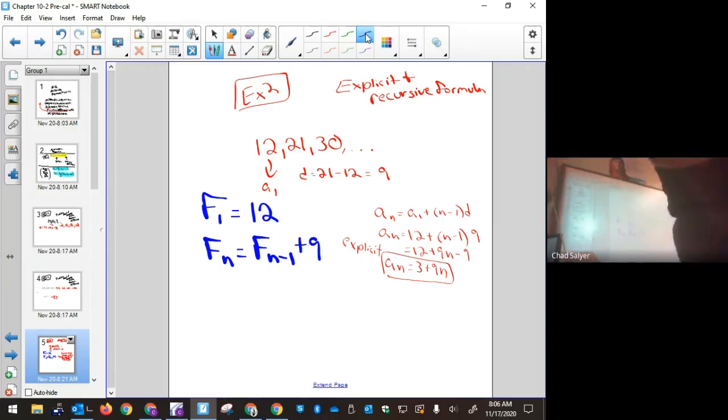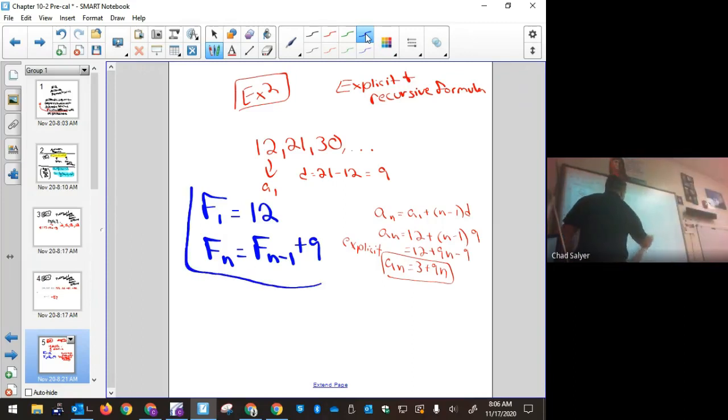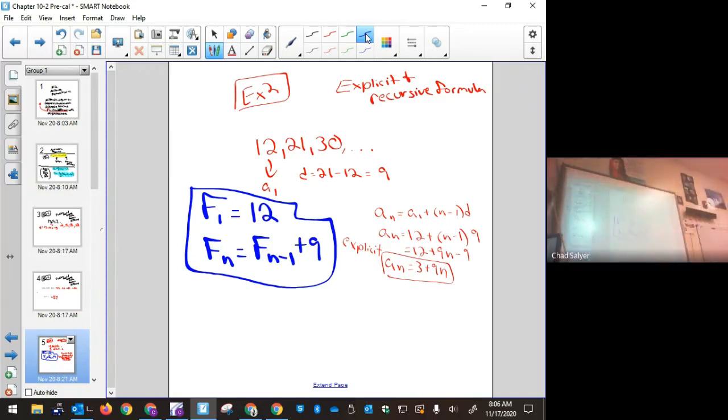It's the simplest way to do it for an arithmetic sequence. So that entire bit would be the answer, both those things. Because remember, with recursive formulas, you have to fix one or more values, and then the definition depends on the previous state.